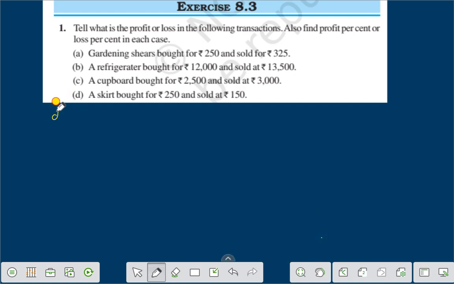Question number D is: cost price is equal to rupees 250. Selling price is equal to rupees 150.